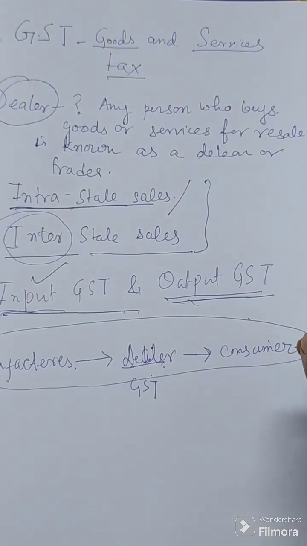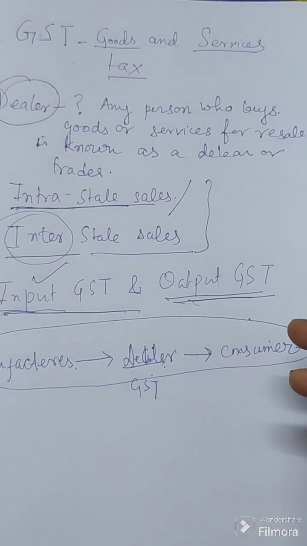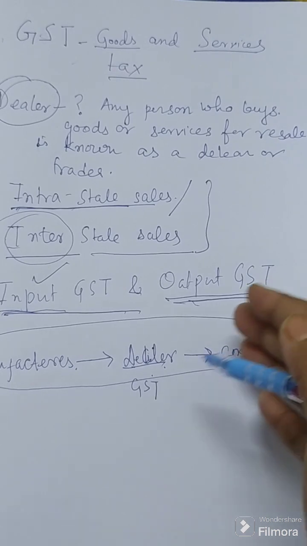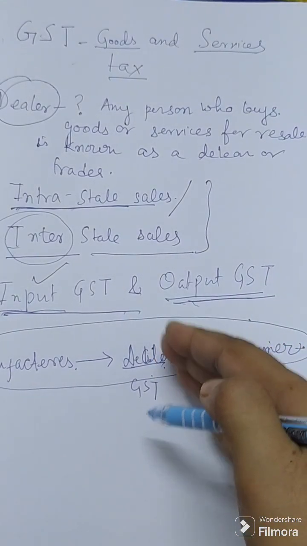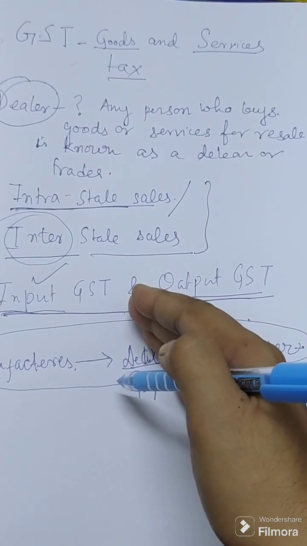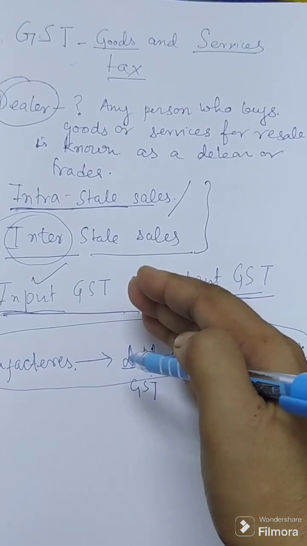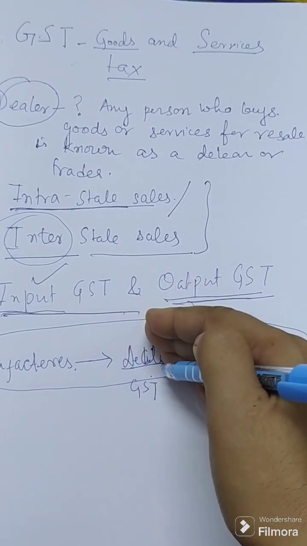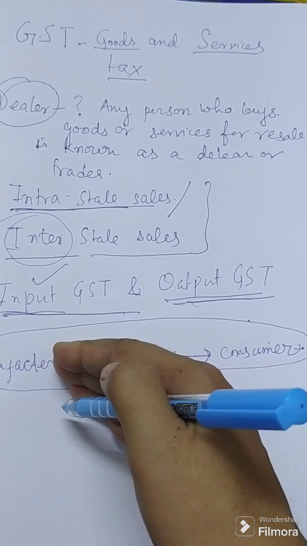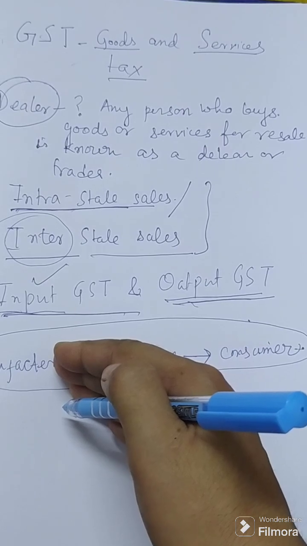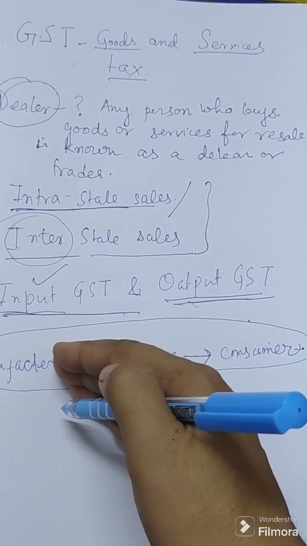What I have told, let me explain it. GST is paid by the dealers. That means the dealer is itself paying GST, for purchasing goods and services from the manufacturer. And where is it collected from?